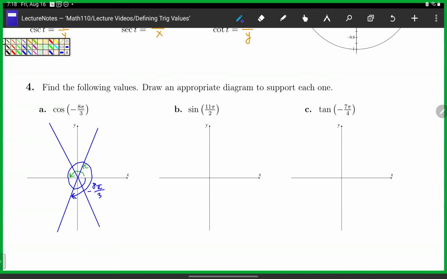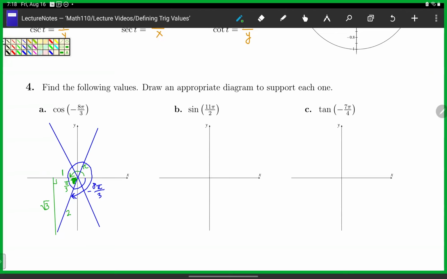Now, I know that's going to be a pi over 3 angle there. If I make this right triangle, then this angle here at the vertex is going to be a pi over 3 angle, which means this is a half equilateral triangle. So the shorter leg is 1, the hypotenuse is 2, and the longer leg is square root of 3. And now I need the signs of these.